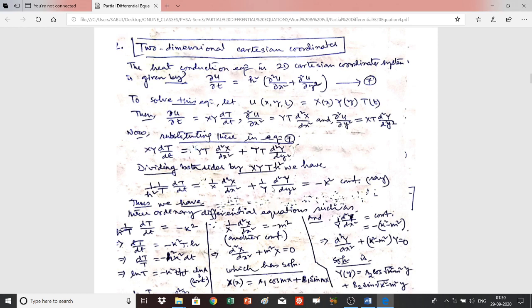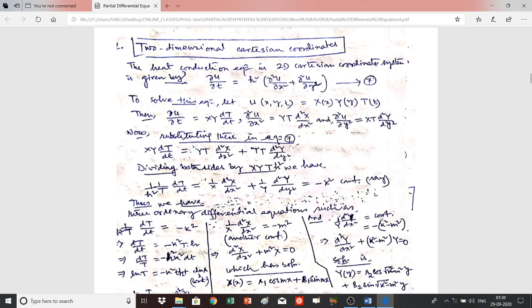And this is written here: 1 by Y d2Y by dy square equal to another constant.